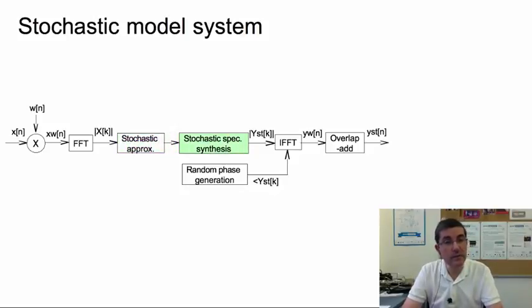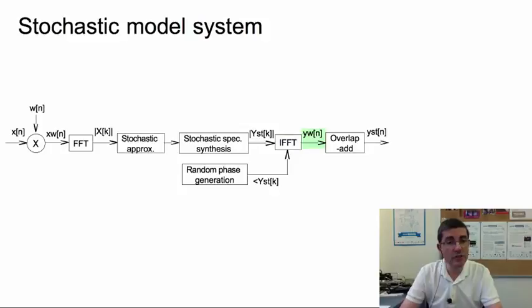The synthesis is done by taking the inverse FFT of this stochastic approximation, which might have to be zero padded, to interpolate it to a longer spectrum. Then we generate random numbers for the phase spectrum, and we can take the inverse FFT of that, and that will return a fragment of sound.